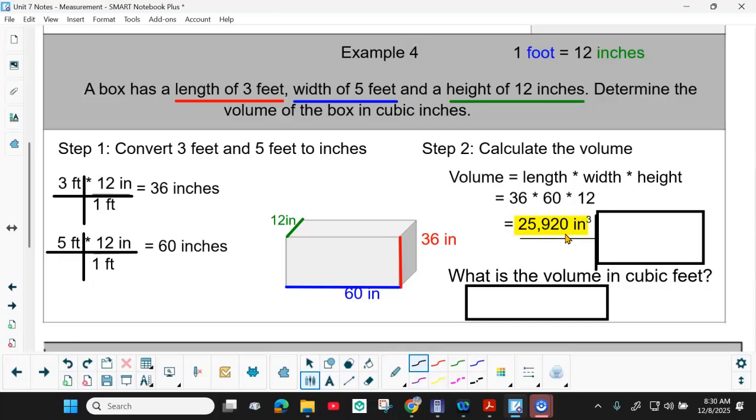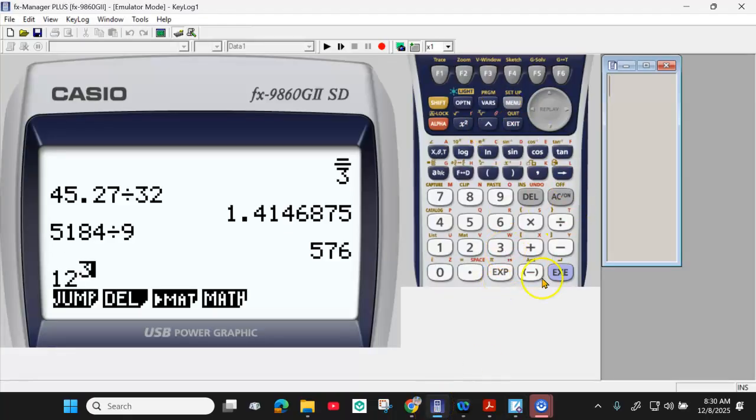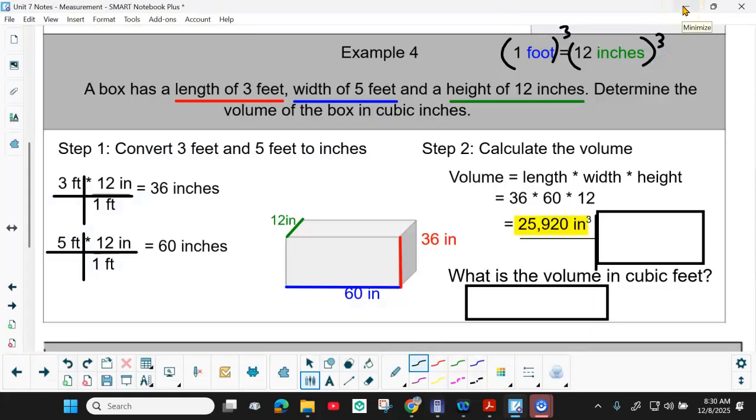And then one more time, since this is cubic, we could also cube both of those numbers. So if you're doing 12 to the third power, that's 1728 inches cubed.